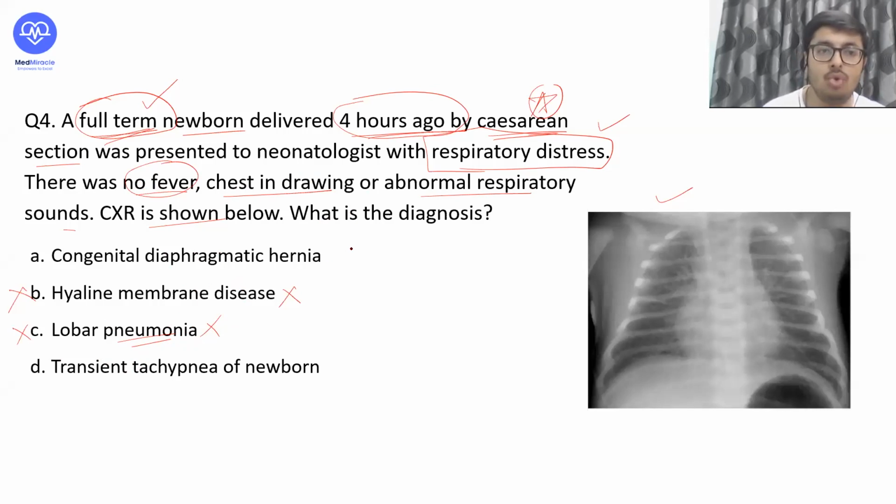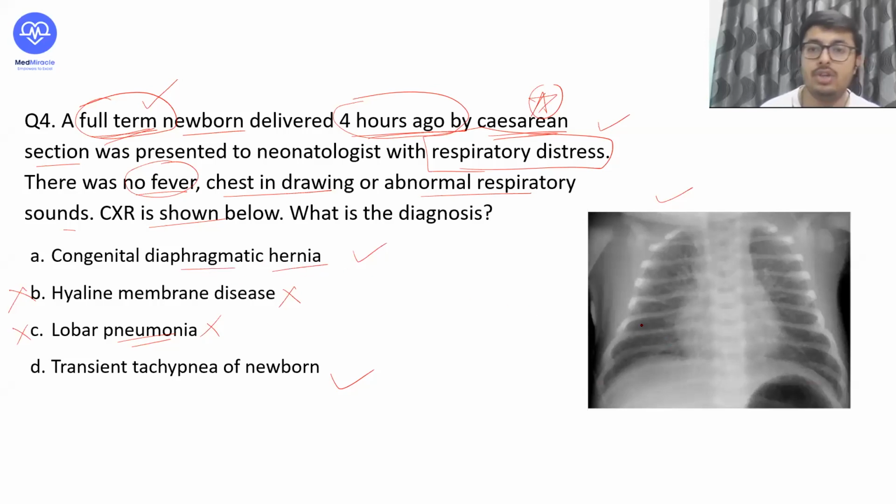Now comes the 2 options: congenital diaphragmatic hernia and transient tachypnea of newborn, right? So what is the answer? Now let us come to the chest x-ray. Friends, if you evaluate congenital diaphragmatic hernia, even if you don't know anything about this condition, from the term itself you can interpret that this is herniation through the diaphragm.